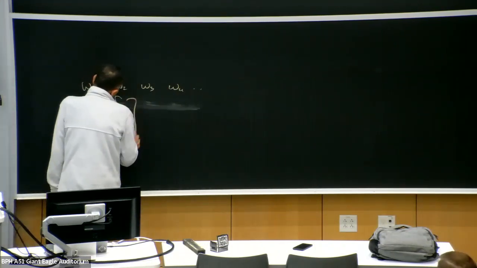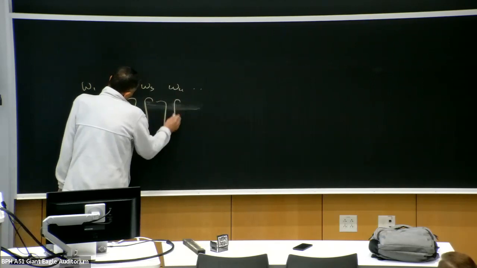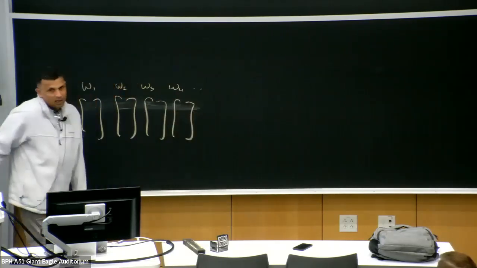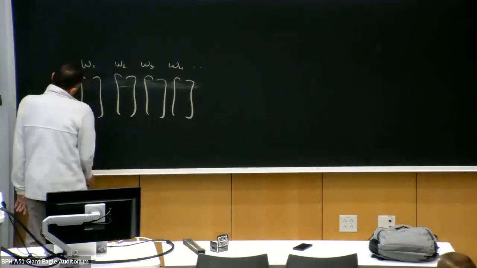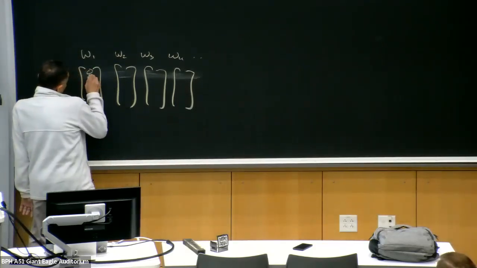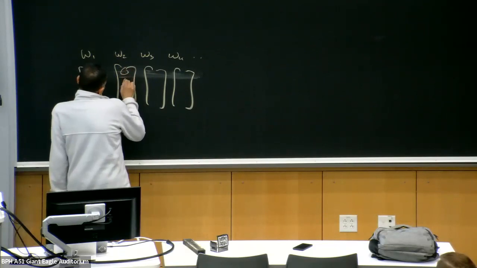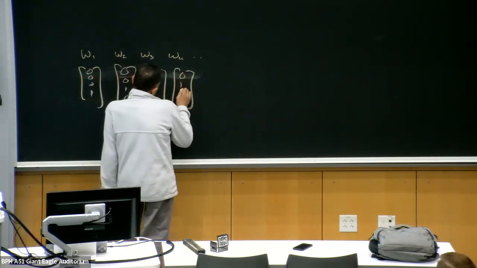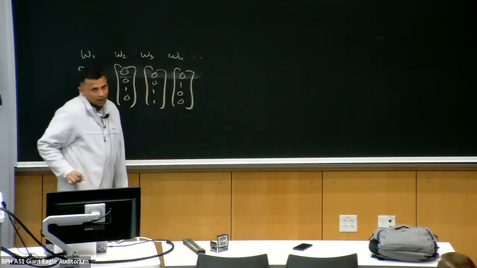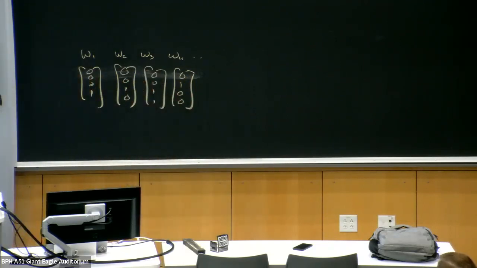So let's say I'm going to use 4 bits to represent the index, right? So if I'm starting at 1, it's 0, 0, 0, 1, 0, 0, 1, 0, 0, 0, 1, 1, 0, 1, 0, 0. I'm still using just the index, correct? I've just represented this in binary.